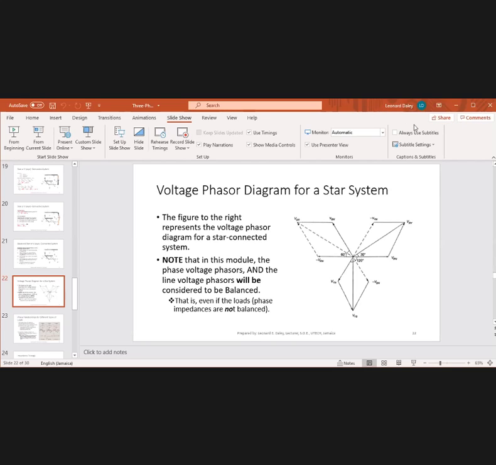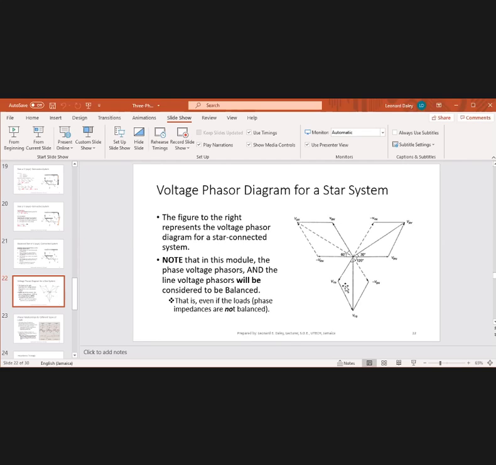And I made the point that when you get to electrical power systems, you will experience voltages that are unbalanced. So you will have both balanced and unbalanced systems. Usually, unbalance comes about when there's a fault, or if the loads are different in each phase, like in our cases now.